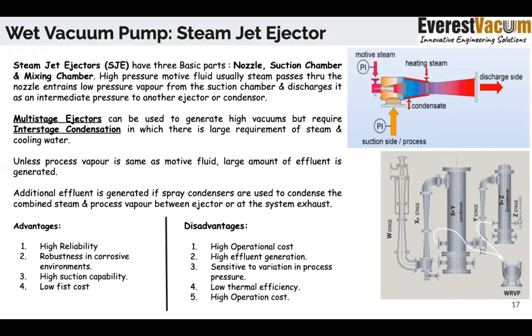That high pressure steam, when it expands, creates vacuum. Because of that vacuum, there is heavy suction here. Both the process vapor and steam mix here, and when they pass through this venturi, they further expand and move on to the next stage of the ejector.